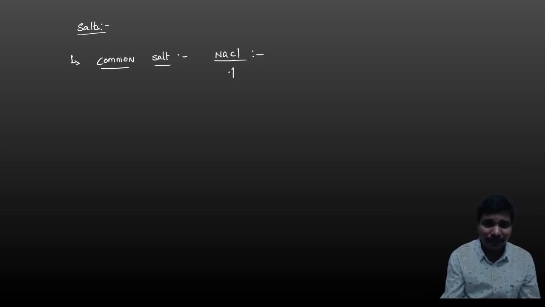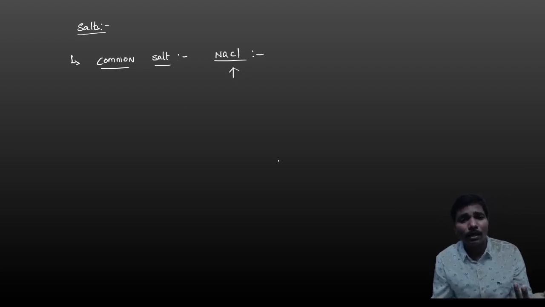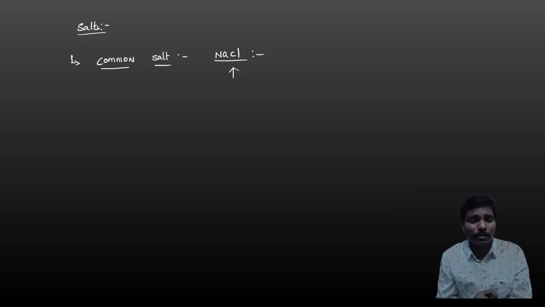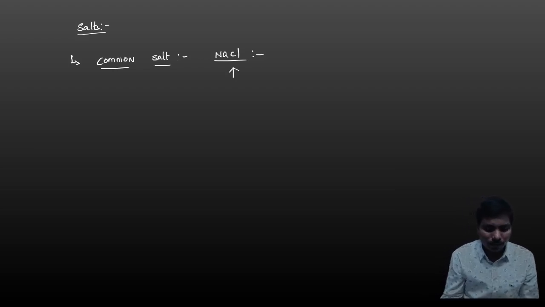This is the main ingredient to make other salts, like bleaching powder, baking soda and washing soda. Wherever there is sodium, if you want some compounds of sodium, we require this common salt, NaCl. And sodium hydroxide, we have already learned about.